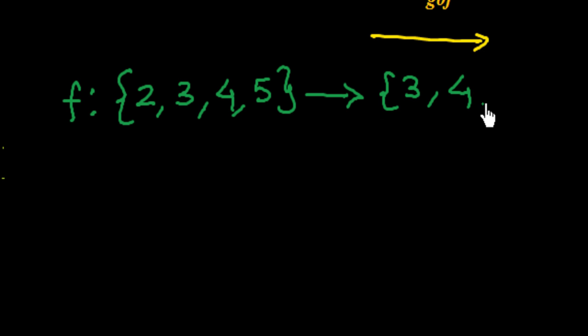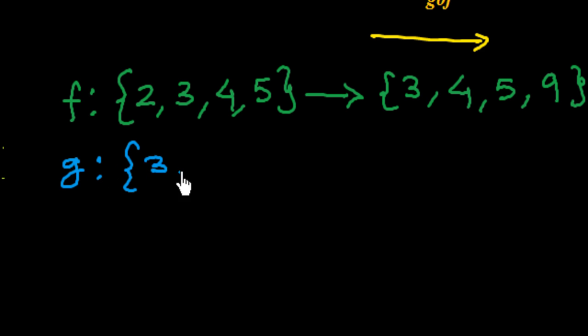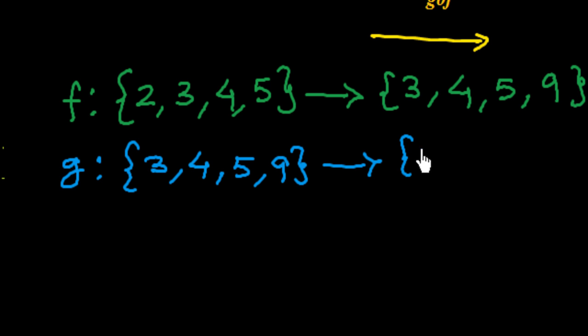Now we take function g with domain 3, 4, 5, 9 and codomain 7, 11, 15. So these are our f and g functions.